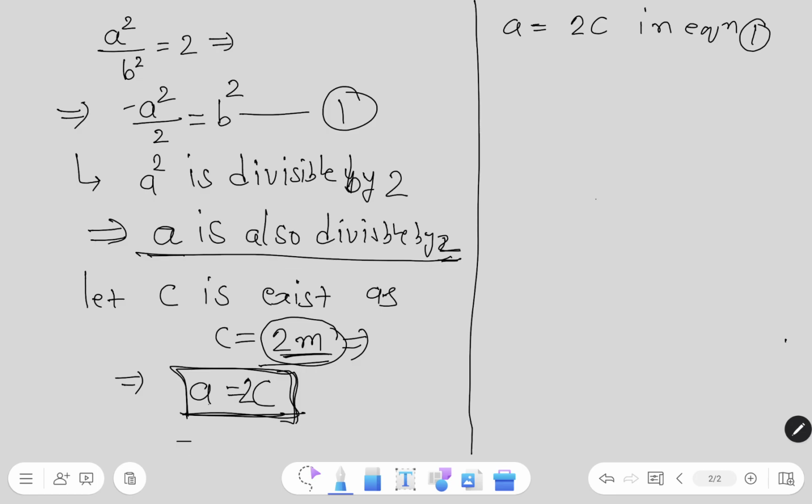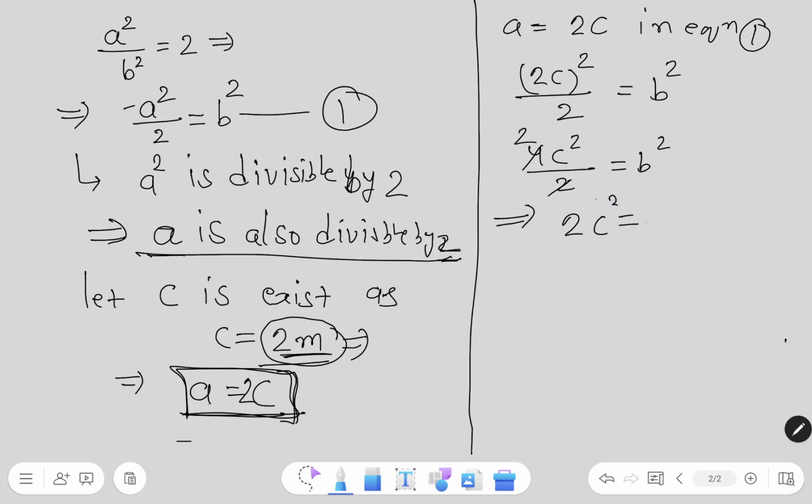Okay, so 2c square upon 2 equals b square. 4c square upon 2 is equal to b square, cancellation 2 times, so we have 2c square equals b square, or we can say that c square is b square upon 2. इस 2 को ट्रांसफर कर दिया इधर, तो c square equals b square upon 2.